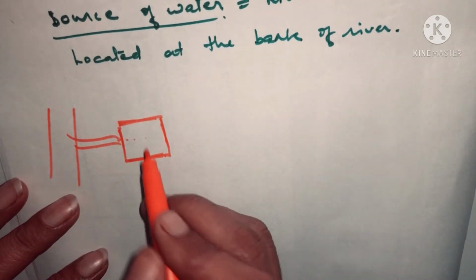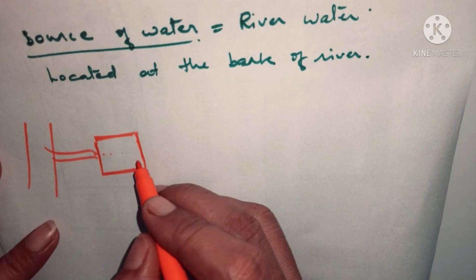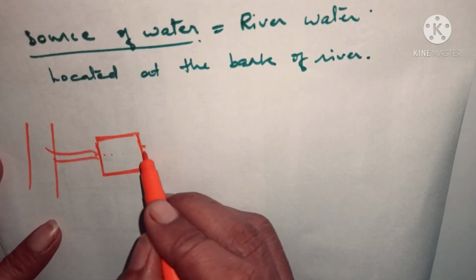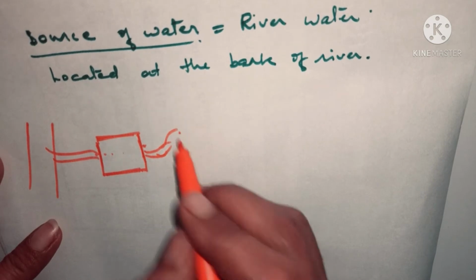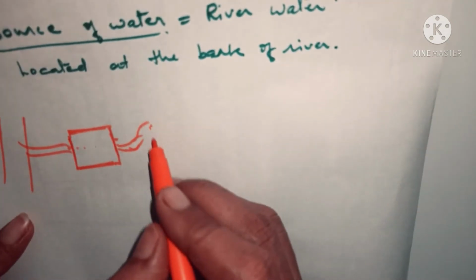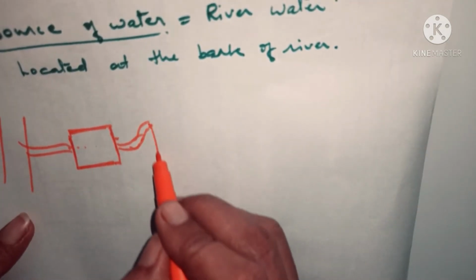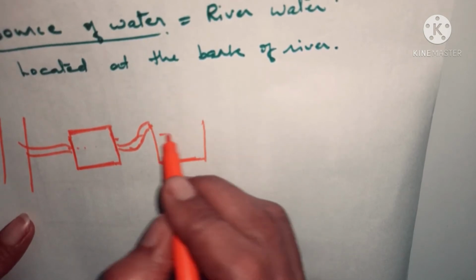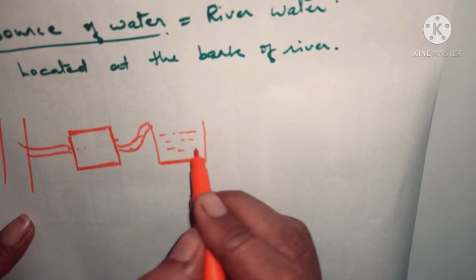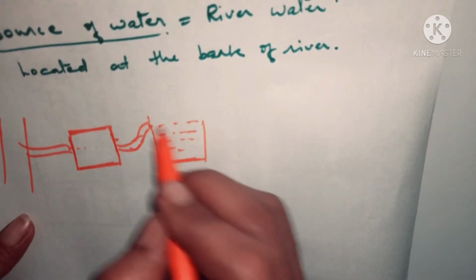It passes through these pumping stations, and then the pumping station passes this water to big tanks, and these big water tanks are known as reservoirs. Say this is the water reservoir. Understood?